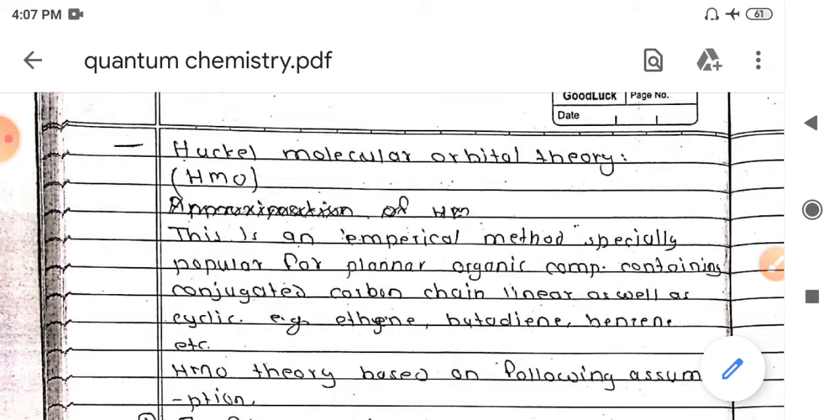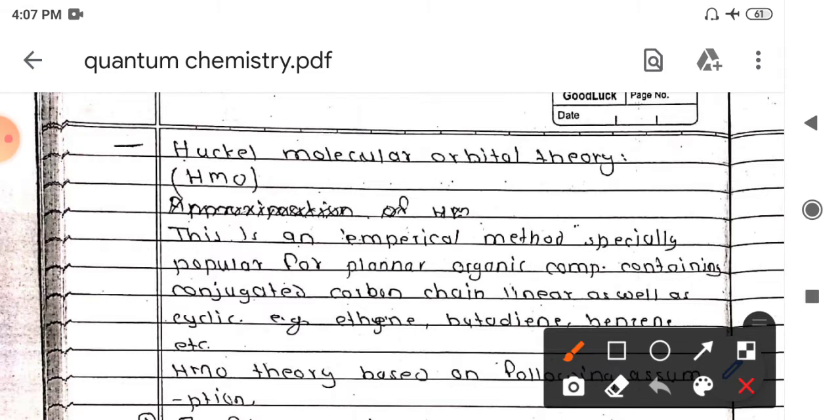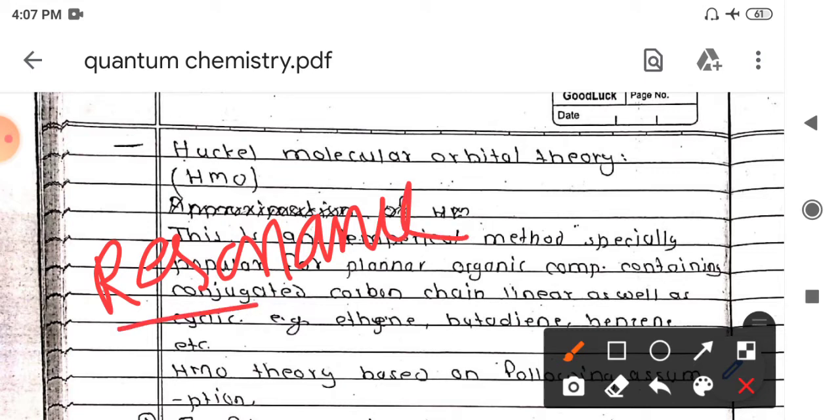Okay, and we actually try to obtain the resonance energy for certain molecules. Like for benzene we can have the resonance energy. Resonance energy is generally negative for aromatic compounds, and it is positive for anti-aromatic compounds.